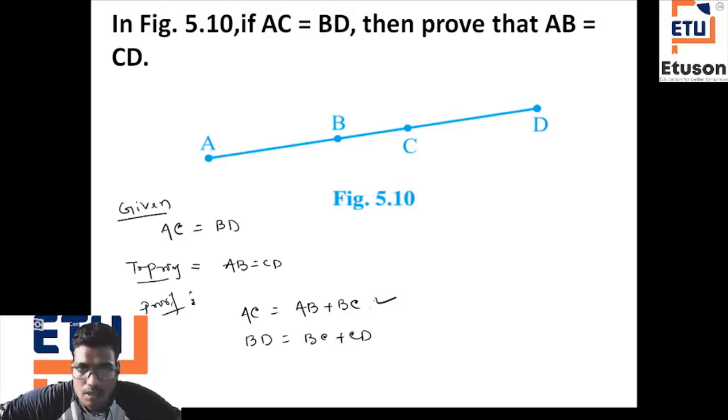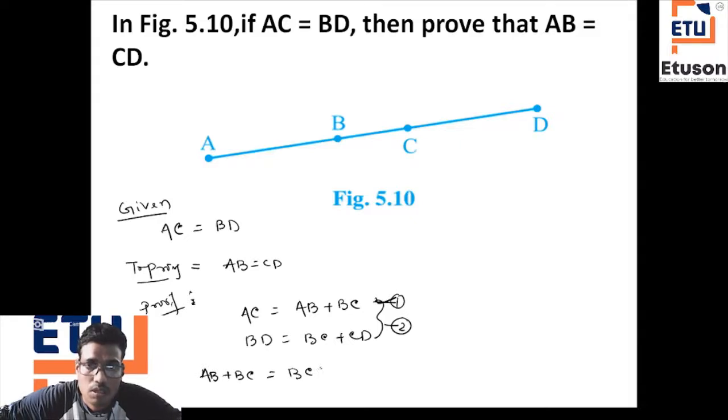आपको ये जो स्टेटमेंट, ये जो दोनों पार्ट इक्वेशन है ना, मान लो दैट वन इज इक्वेशन 1 एंड दैट वन इज इक्वेशन 2. From equation 1 and 2 how you can conclude AB plus BC is equal to BC plus CD, right? Why? Now AC is equal to BD, that one is given.